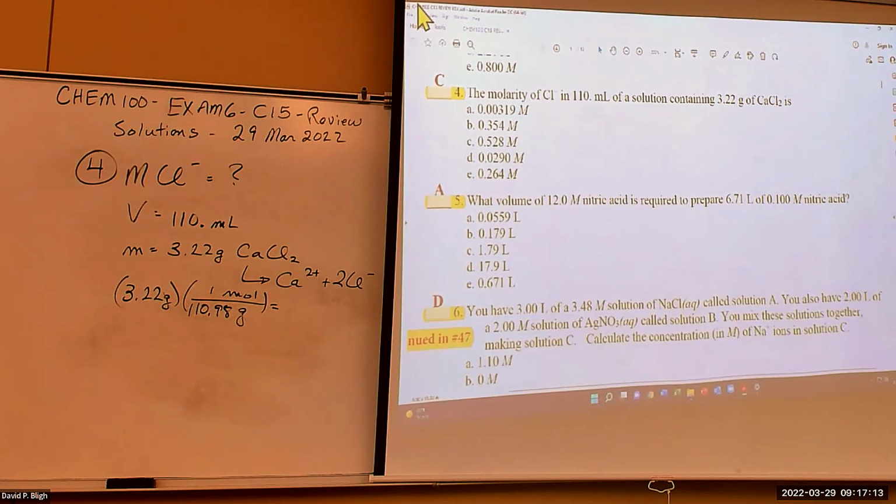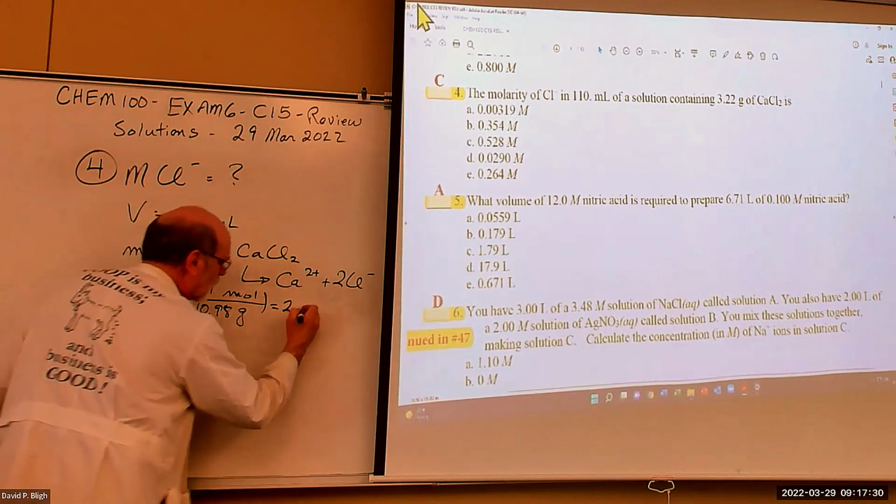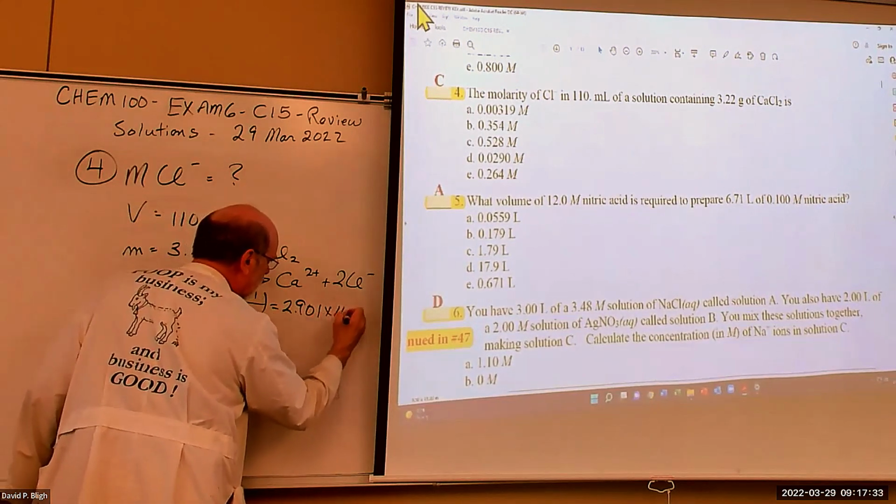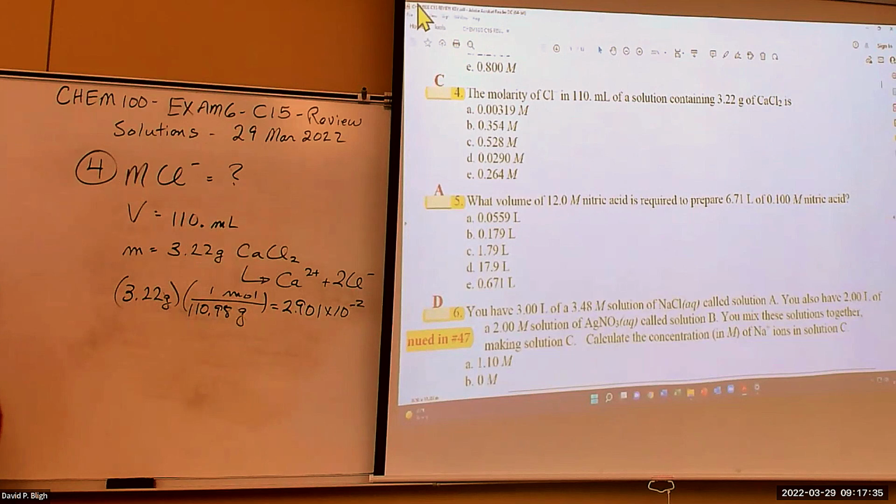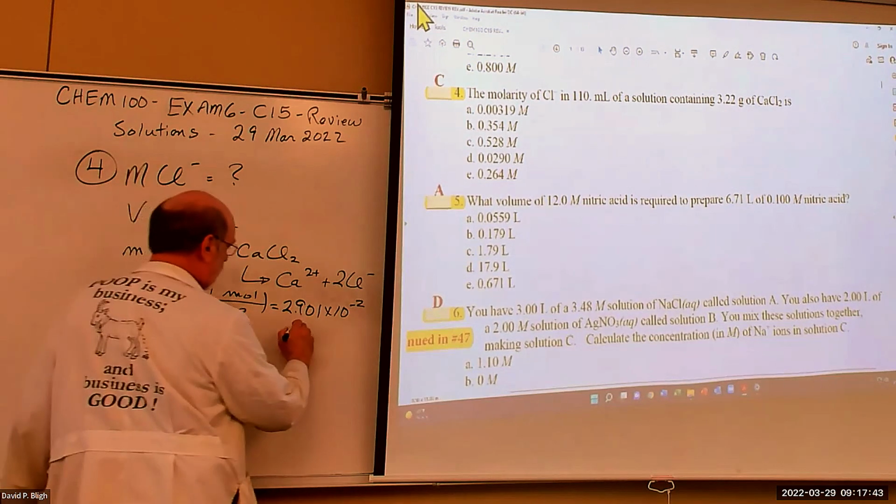Divide that into 3.22. There we go. 2.901 times 10 to the minus 2. Yeah, looks reasonable. So that's the number of moles of calcium chloride.